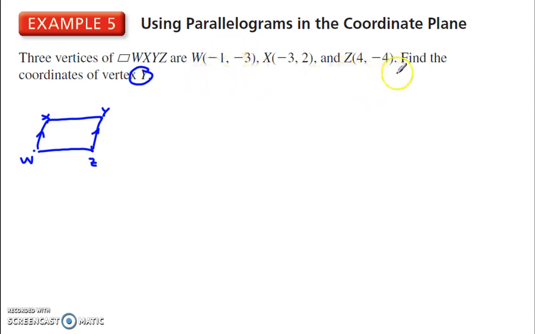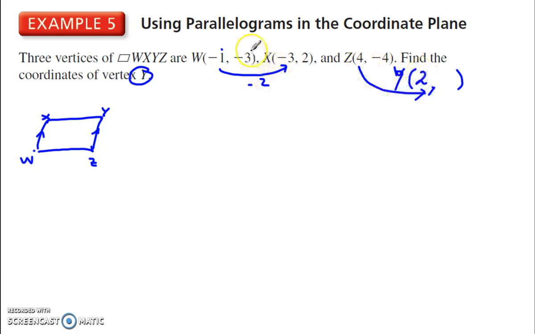So from Z to get to Y, let's see, let's put Y here. Y are going to be my coordinates. X and Y. Okay, so from the X value, I had to subtract 2 from -1 to -3. So I have to subtract 2 from 4.